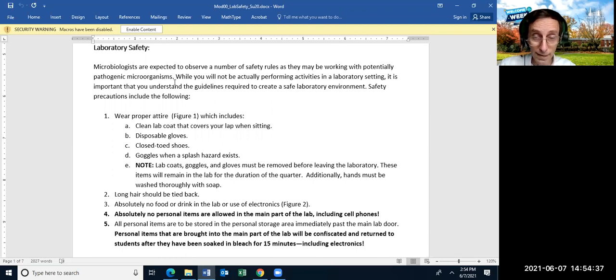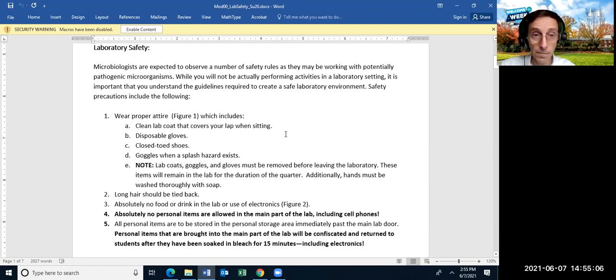And obviously that's if you were to consume it. If you got the E. coli someplace else than your gut, it could grow in those locations and make you sick. So everything is considered potentially pathogenic. You're not actually going to perform any of these activities. You're all going to be doing it online.